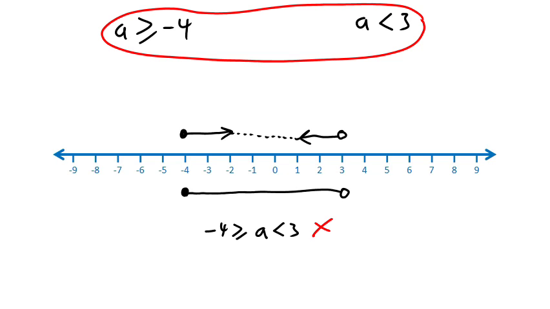What's the mistake? Look at this symbol here and look at it up here. Now, the big side is on the A side at the top here. It's pointing towards the -4, but over here, it's pointing towards the A. We've got to reverse the symbol. We've got to say A is less than 3, but it's greater than or equal to -4.